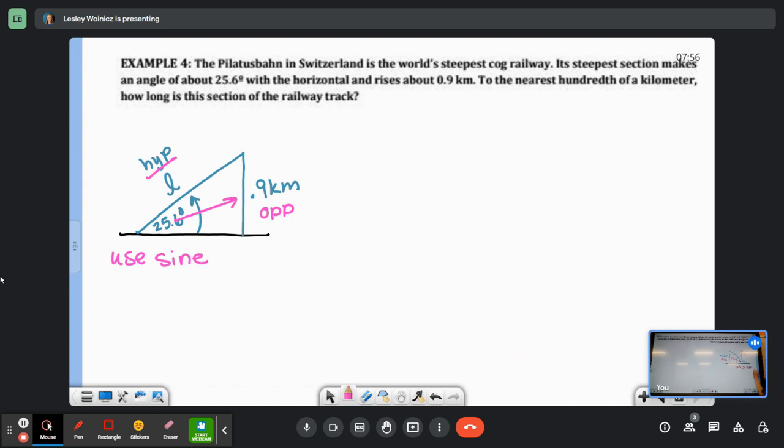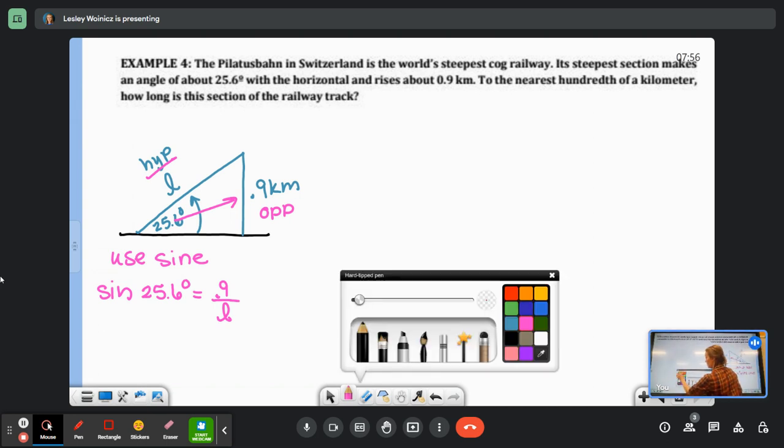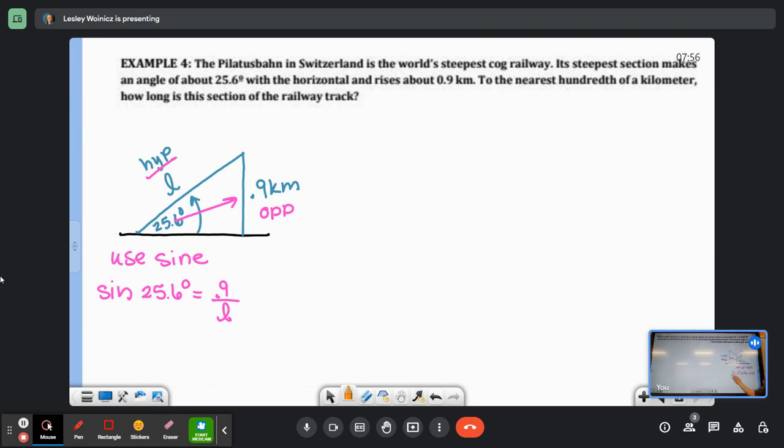So the sine of 25.6 degrees is my opposite, which is 0.9, over my hypotenuse, which is the length of my track. To get the length of my track in the numerator and not in the denominator, I can cross multiply. There's a 1 under here.